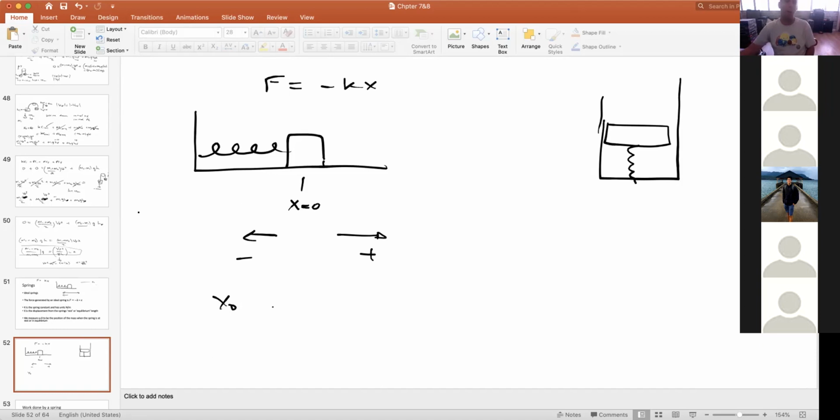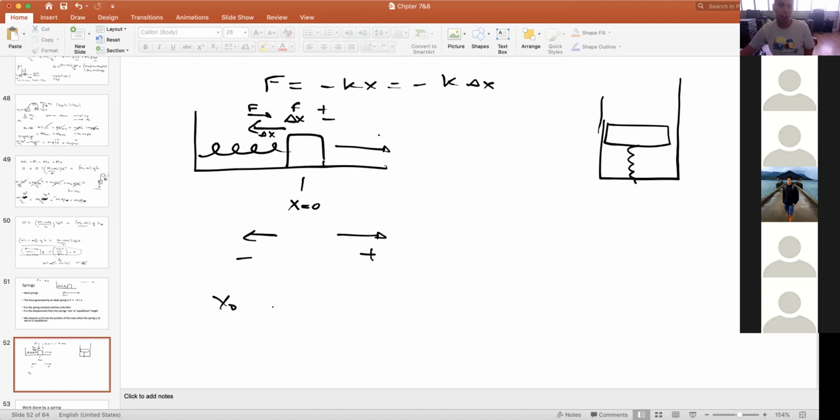Now, when you push the block to the left, delta x is negative, and the force is going to push back the other way. So the force is positive, delta x is negative, therefore we get minus kx. The force is actually trying to push it in the opposite direction of delta x. That means that we've got our force right. If this is negative, then negative negative means that the force is pushing to the right.